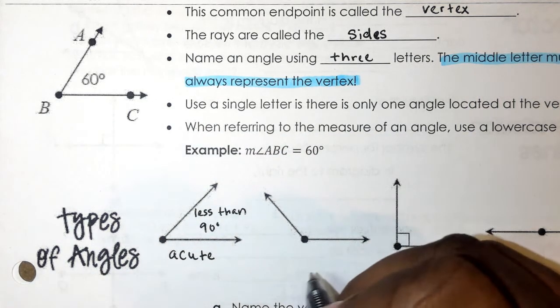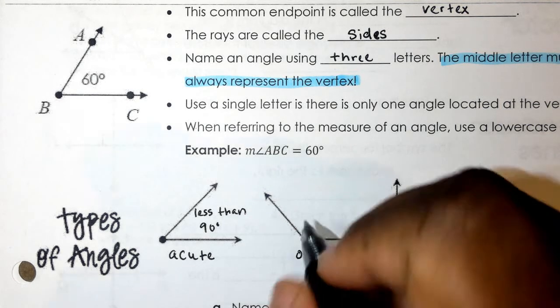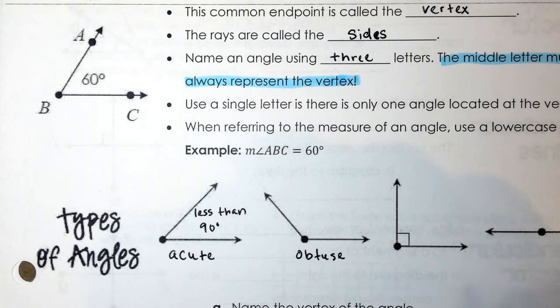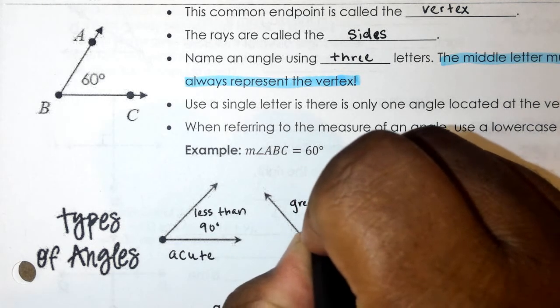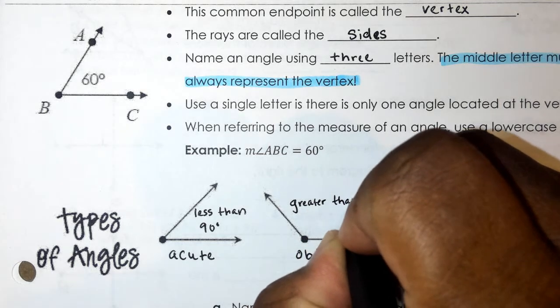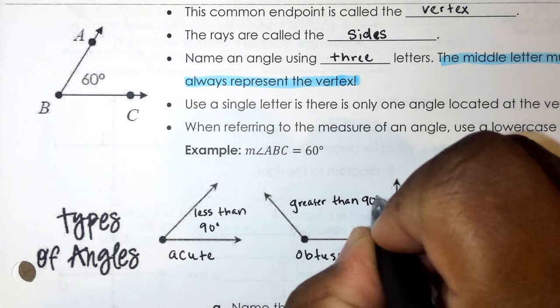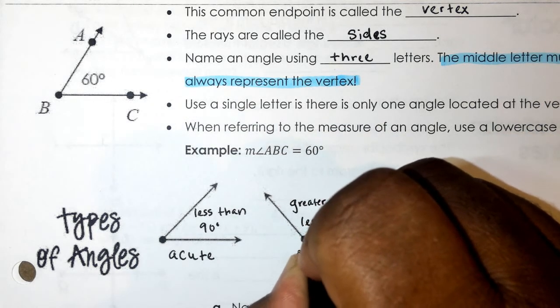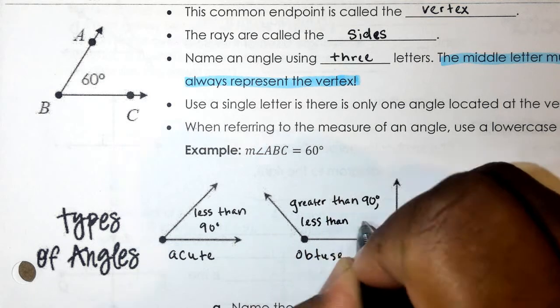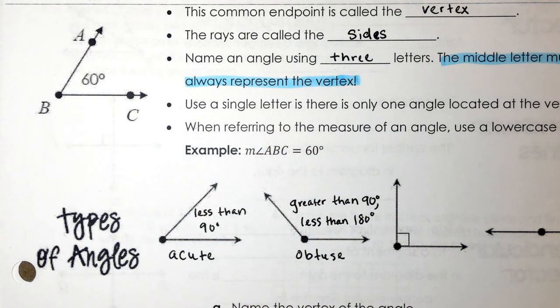Our next one, obtuse. An obtuse angle is greater than 90 and less than 180. So it's that in between.